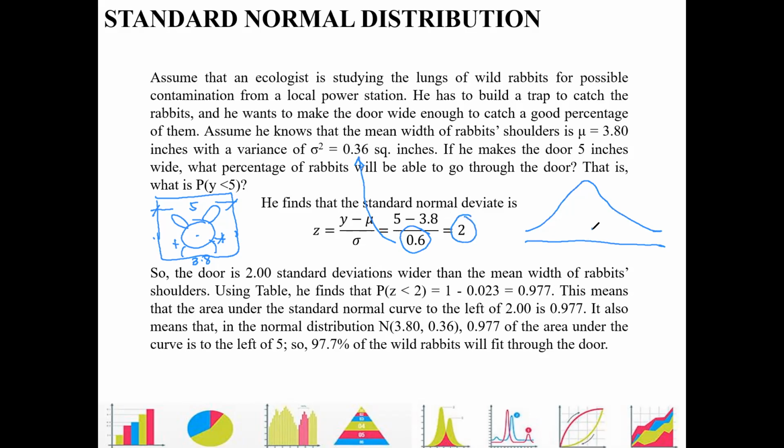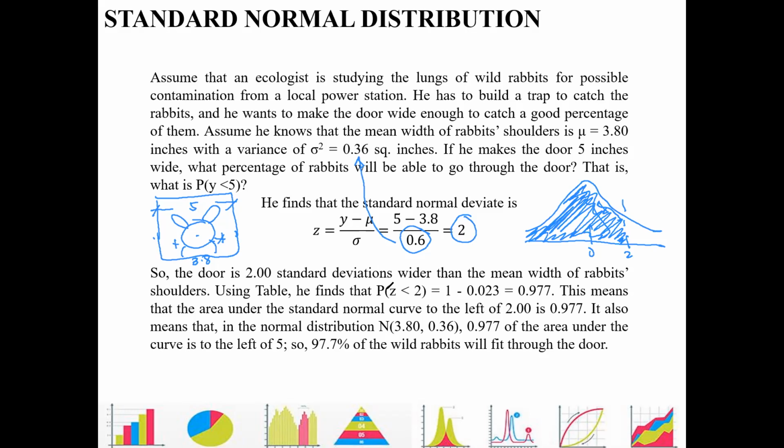So ang tinutukoy niya dito, kung ito yung standard normal distribution, ang tinutukoy niya is less than 5 or less than 2. So itong portion na to ang tinutukoy niya. Anong percentage daw to ang makakapasok sa gate? So the door is 2 standard deviations wider than the mean of the rabbit shoulders.